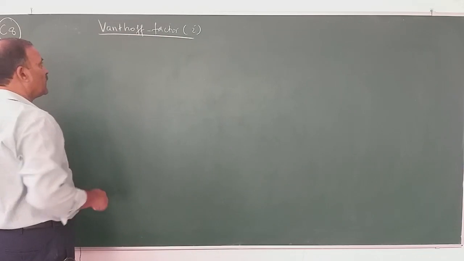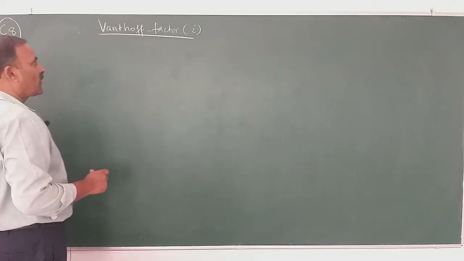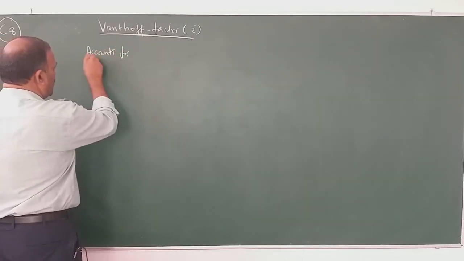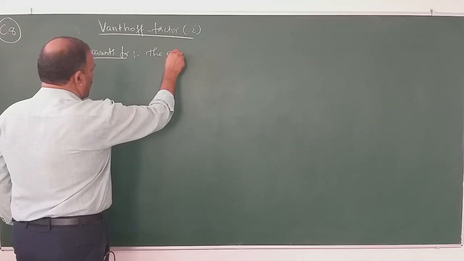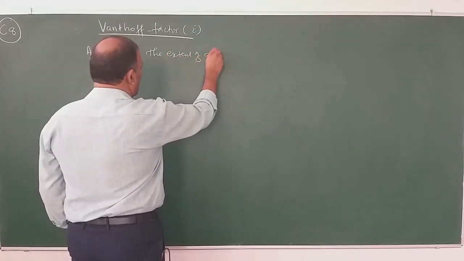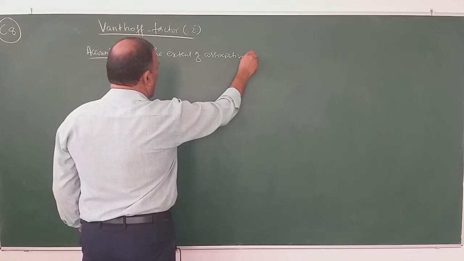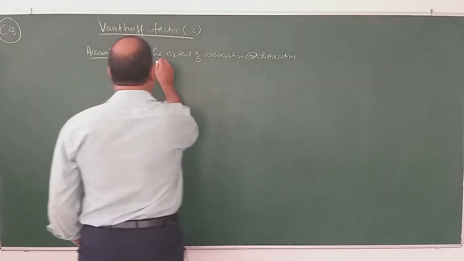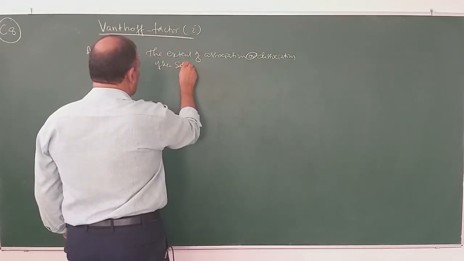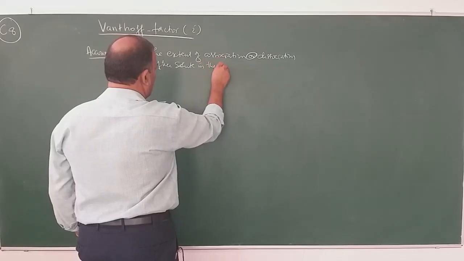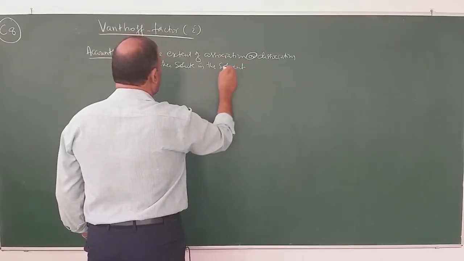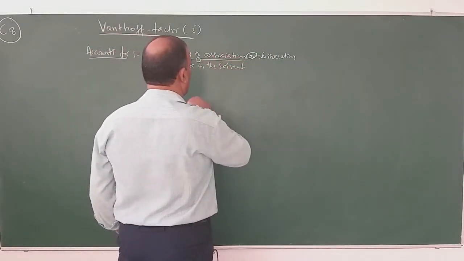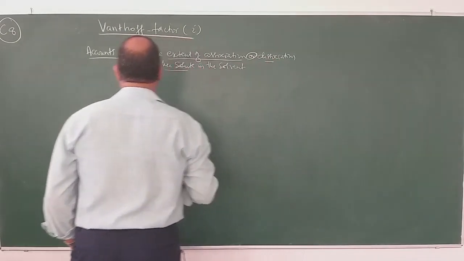The first question is, what does the Van 't Hoff factor account for? The Van 't Hoff factor accounts for the extent of association or dissociation of the solute in the solvent.